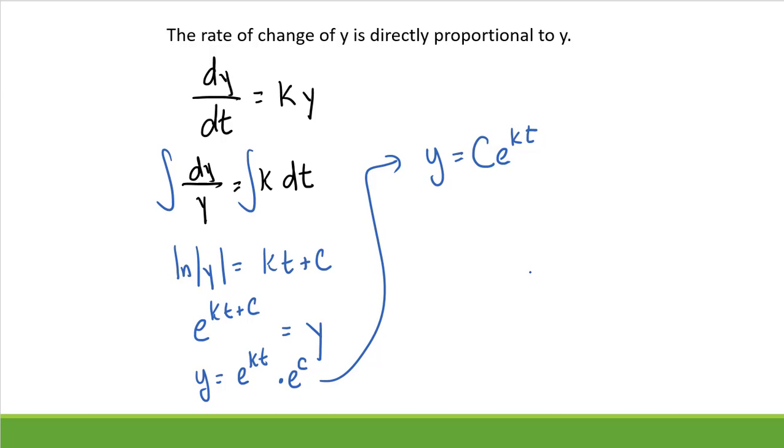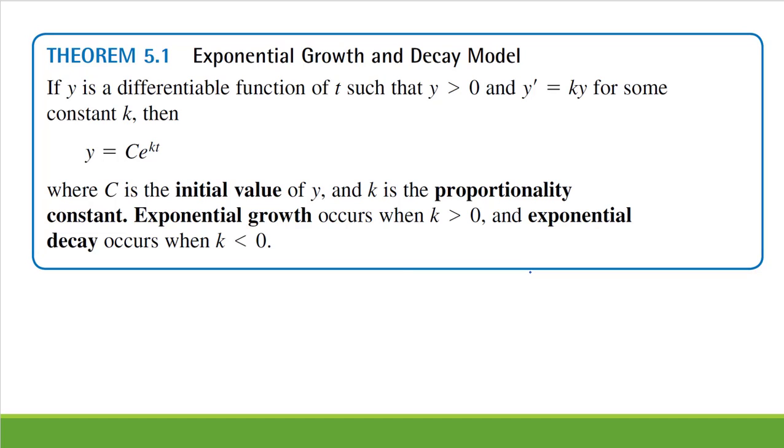Okay, so exponential growth and decay models. y is differentiable such that y prime equals k times y, and then that moves into that differential equation. If you want to move right into that differential equation, you don't have to prove it each time, where c is the initial value of y and k is the proportionality constant.